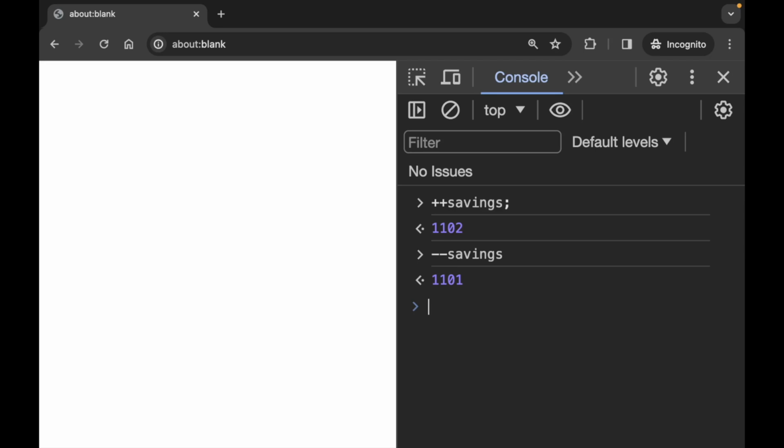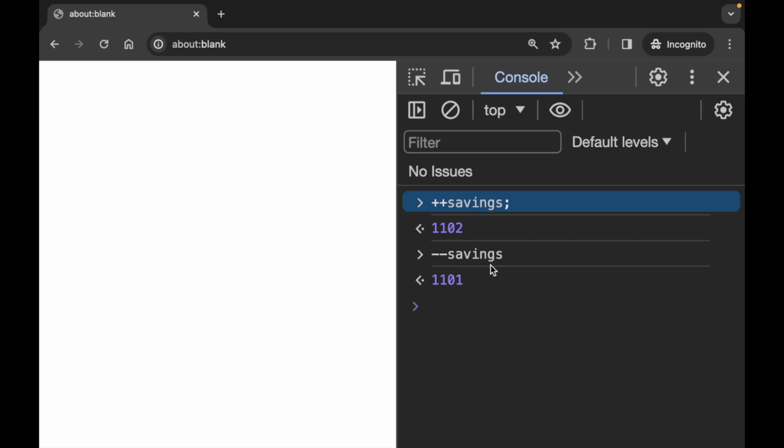With the operations in this position, the output of the increment and the decrement operation is the variable's updated value. So when we have plus plus savings, it will change it from 1,101 to 1,102. If we do the decrement in front of savings, it'll do the 1,101.